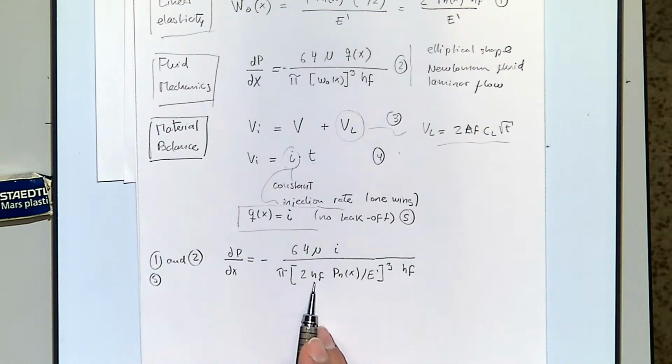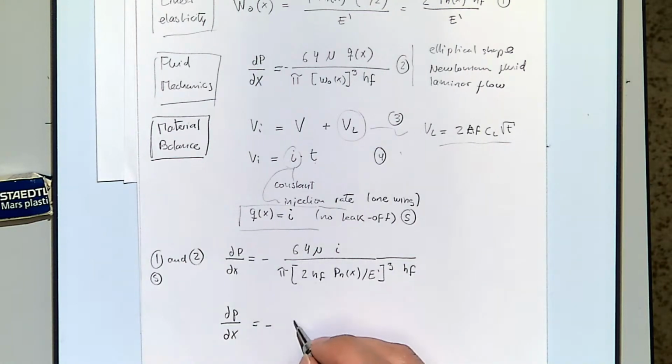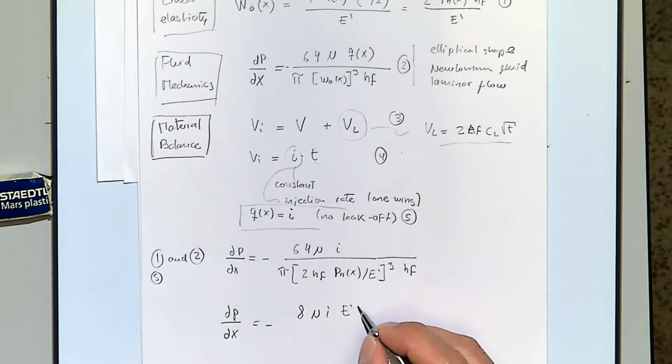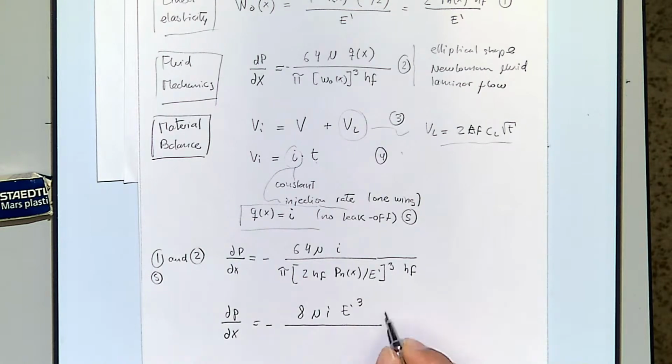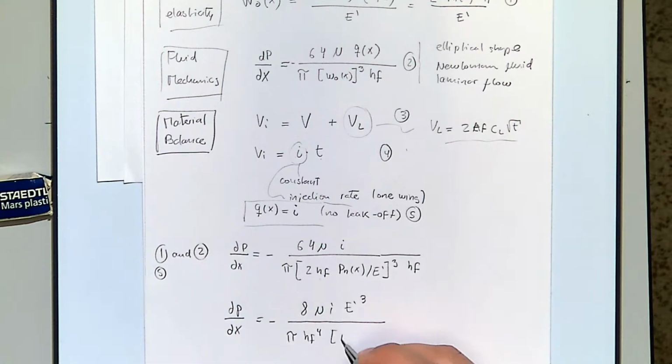You see there is an HF over there. I can simplify this, and there are some numbers over here that I can cancel or divide or multiply. This Young's modulus, I put it in the numerator, and this is HF to the 4th, PNX to the 3rd.